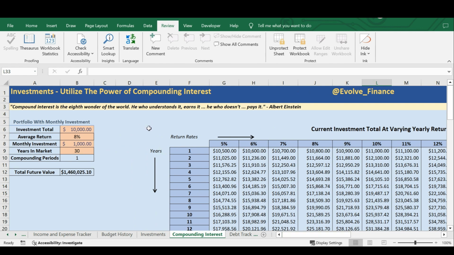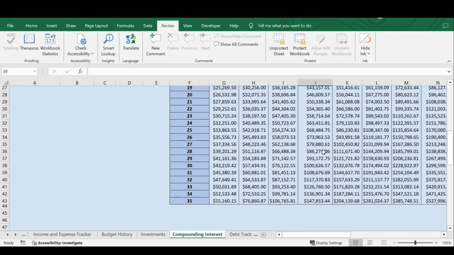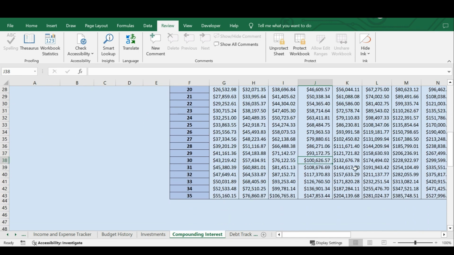So, this is compounding interest, and compounding interest is demonstrated right here. You can get a good idea of the impact of continually investing over an extended period of time. Think of it this way: if I took my $10,000 at 8% return and I did not invest $1,000 a month for 30 years, then I'm projected to only have $100,000.